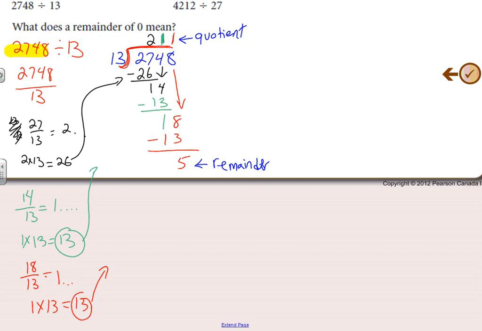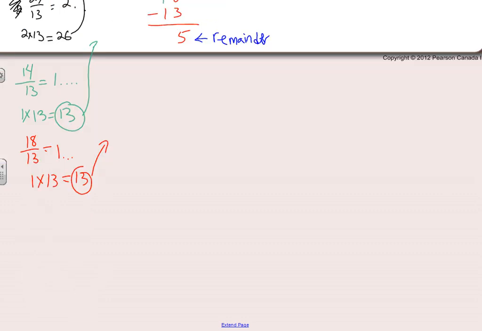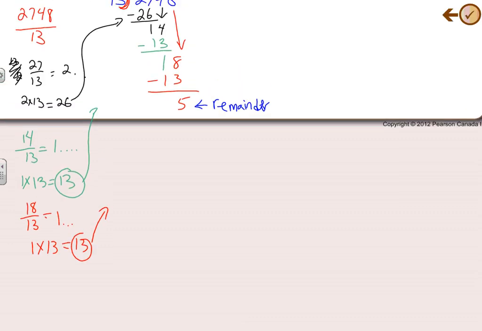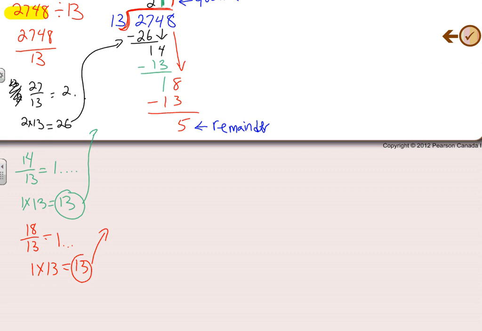One of the big applications of long division is to be able to take an improper fraction into a mixed number. We could verify this. Does this work?